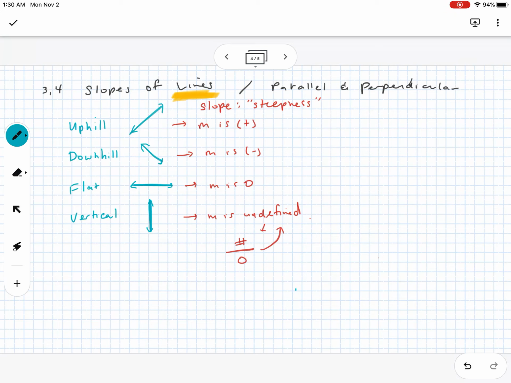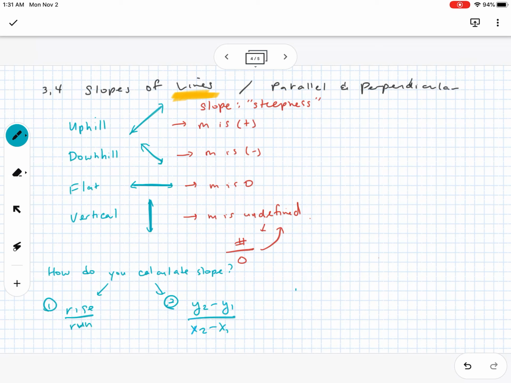Okay, so how do you find slope? You can do two things. Number one, you can calculate the rise over the run.